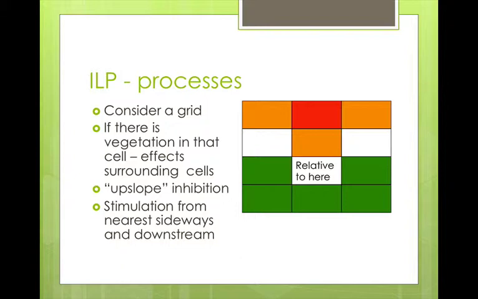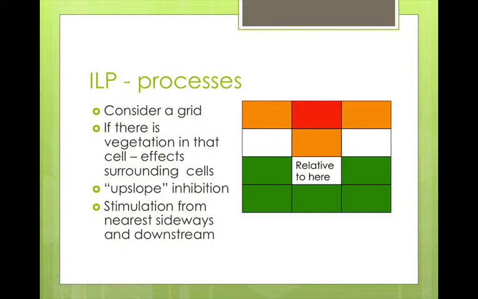And then relative to where you are, if there are plants around this square, that will actually promote more plant growth there. The self-shading and the little microclimate that's provided actually promotes that. So upslope there's inhibition, which takes water away, but there's stimulation from the nearest and downstream cells on this grid.